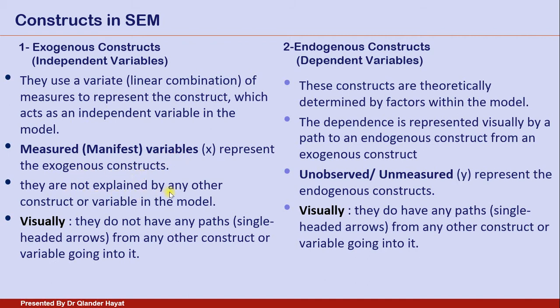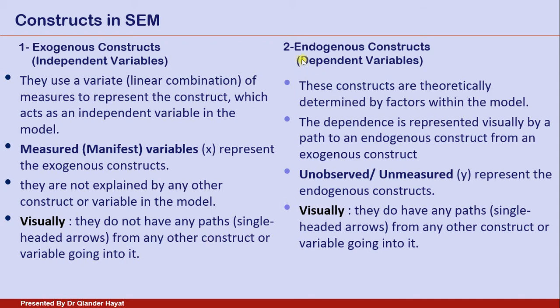They are not explained by any other construct or variable in the model. Visually, that is a hint to identify the exogenous variables in SEM: they do not have any path or single-headed arrow from any other construct or variable going into them.